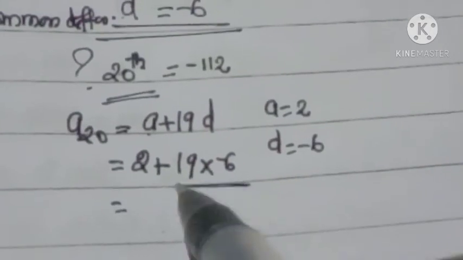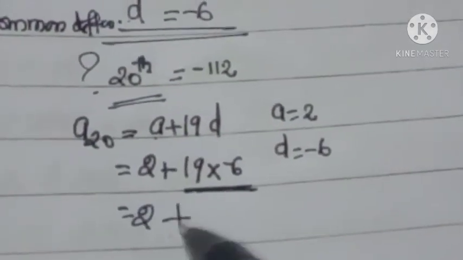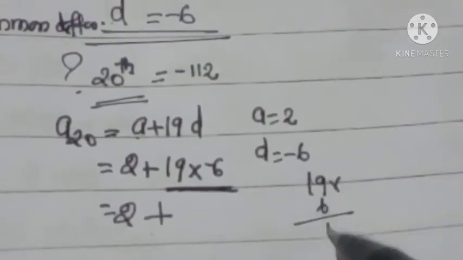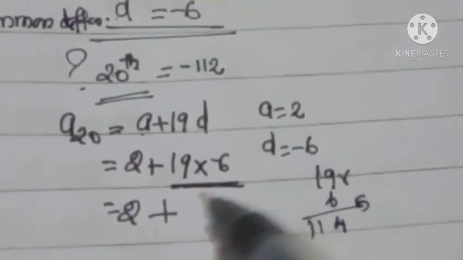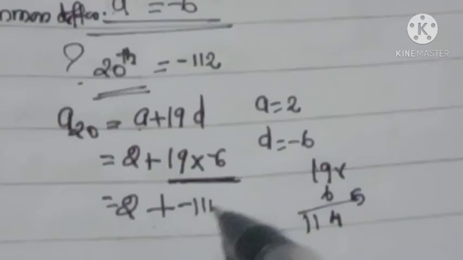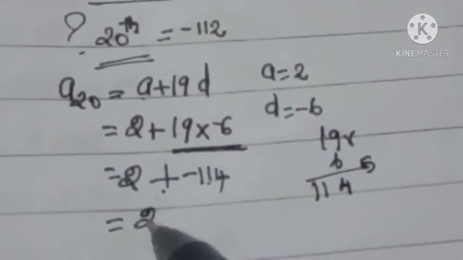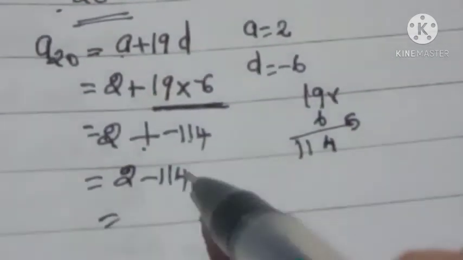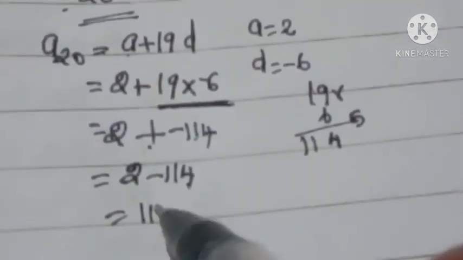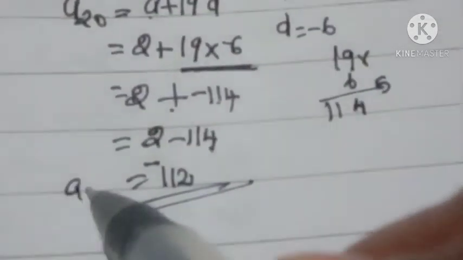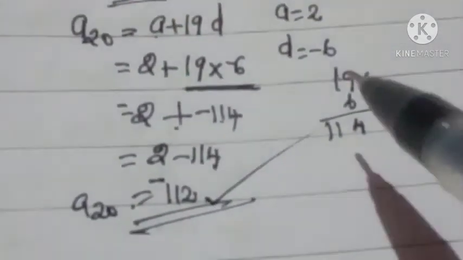First we need to multiply, then add. 19 into 6 is 114. Negative 114. So 2 plus negative 114. What is the answer? 114 minus 2, 112. Write the negative sign. So A20 is equal to negative 112.